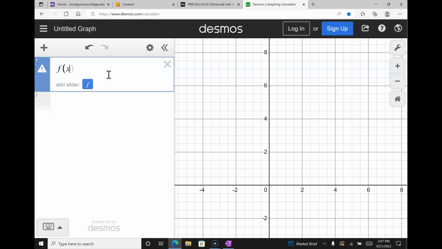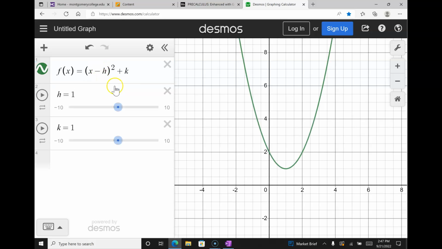I've got f of x equals, I want to do x minus h quantity squared plus k. And I want h and k to be sliders.